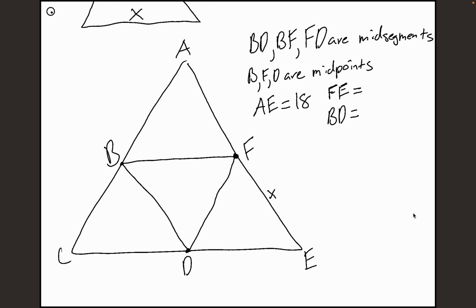If the whole thing is 18 of AE, how am I going to find FE? It's just half, so FE is 9. If AE is 18, what is my midsegment going to be of BD? It's also going to be 9.